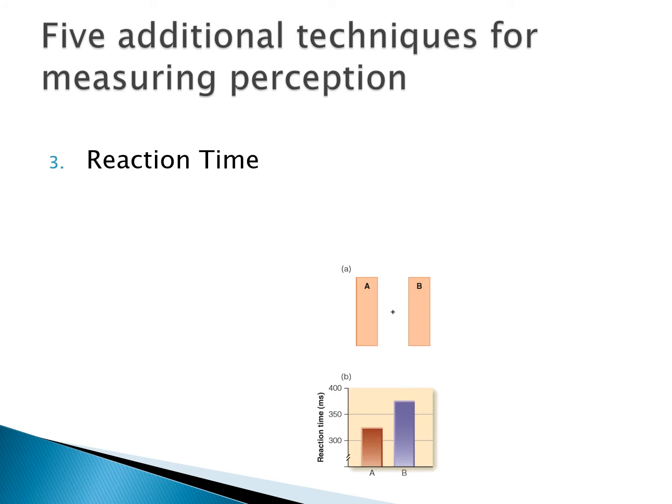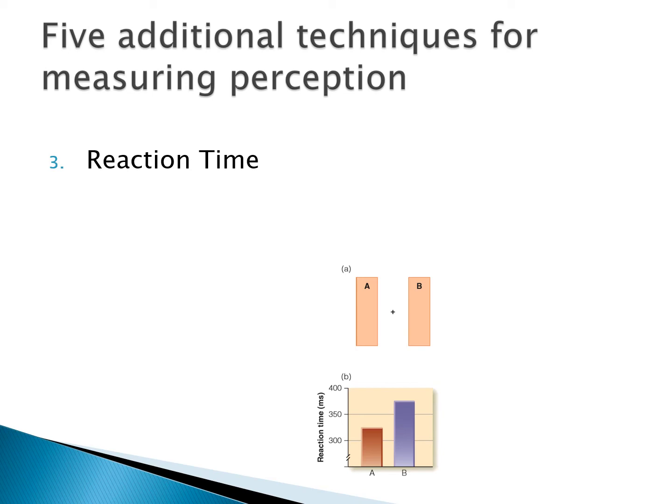Reaction time is another technique for measuring perception. So with that previous study measuring recognition, we might go beyond just measuring can they categorize it, do they get it correct, when we might look at reaction time. I'm showing here the results in a study that is based on a kind of Posner type study where you look at the fixation cross.